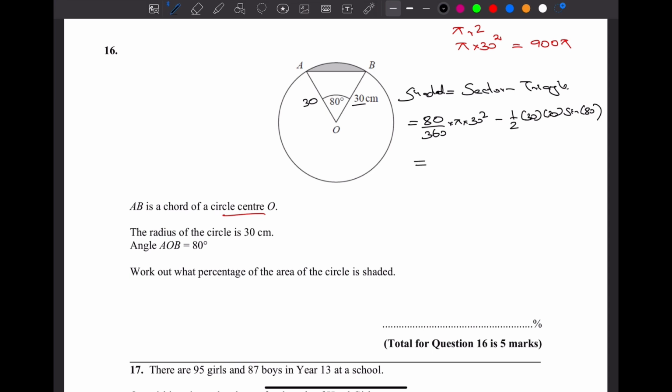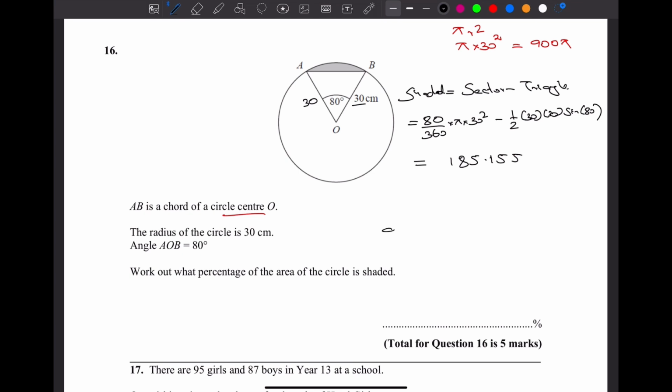You plug that through. 80 over 360, just type the whole thing anyway, times 30 squared, take away half times 30 times 30 times sine 80, which will give you 185.155.